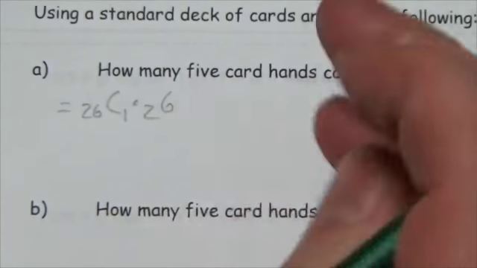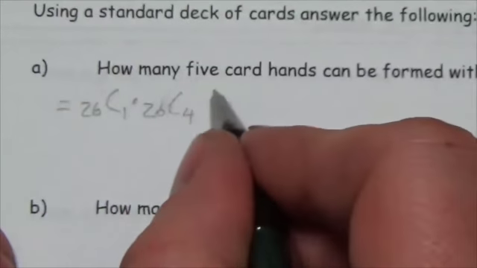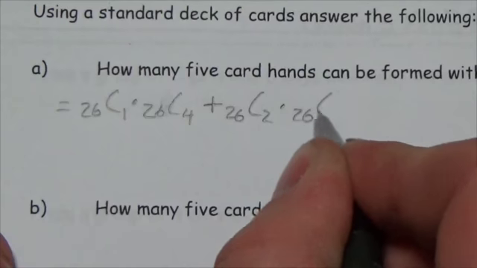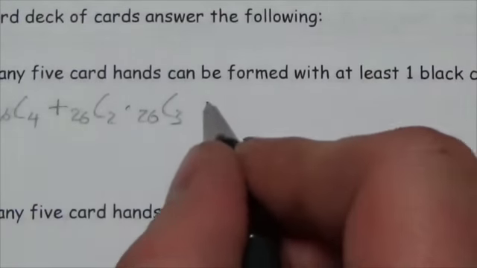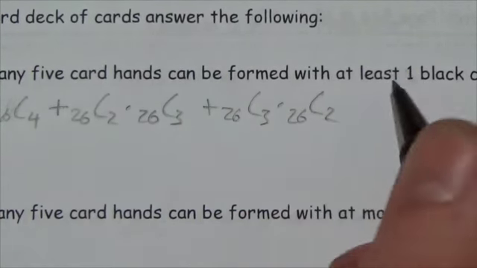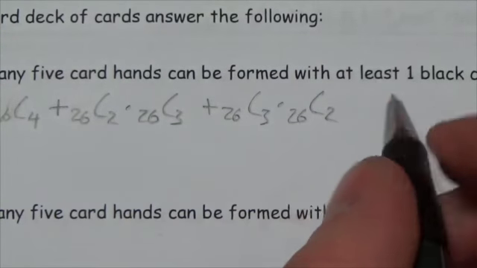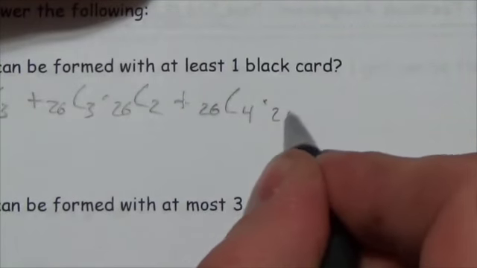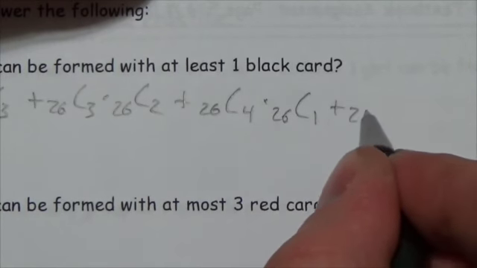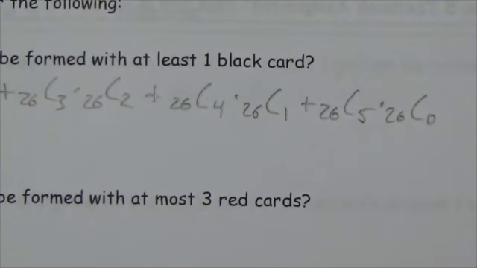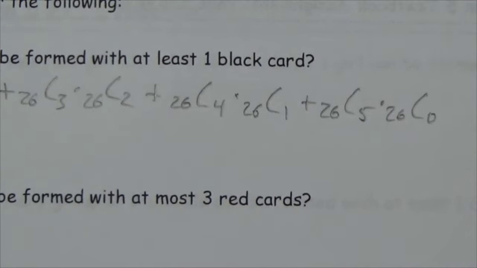And if you do that, then I'm going to choose 4 red cards, or I could choose 2 black cards and 3 red cards, or I could choose 3 black cards and 2 red cards, or I could choose 4 black cards and 1 red card, or I could make all 5 of them black and none of them red. Okay, that's one way to handle this problem.